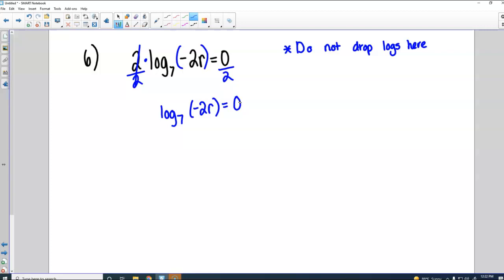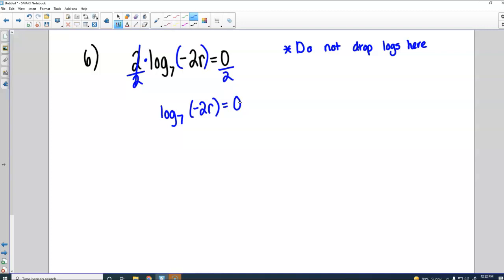And so, Mia, now we need to get rid of that log. How do we get rid of the log? We can't just drop it like we did on the last problem because it's not on both sides. So what's the opposite of that log base 7? Okay, who can help her out? What is it, Matthew?